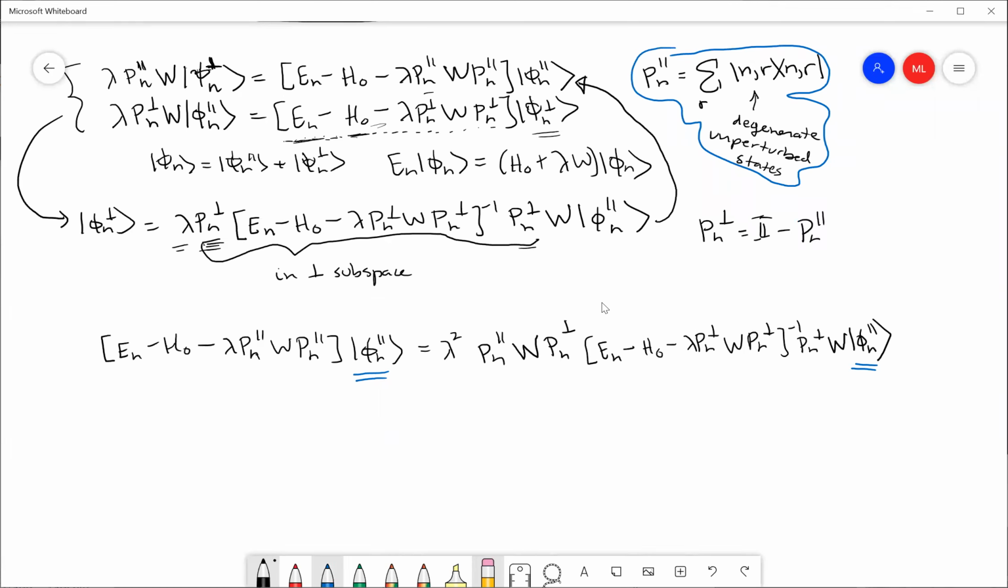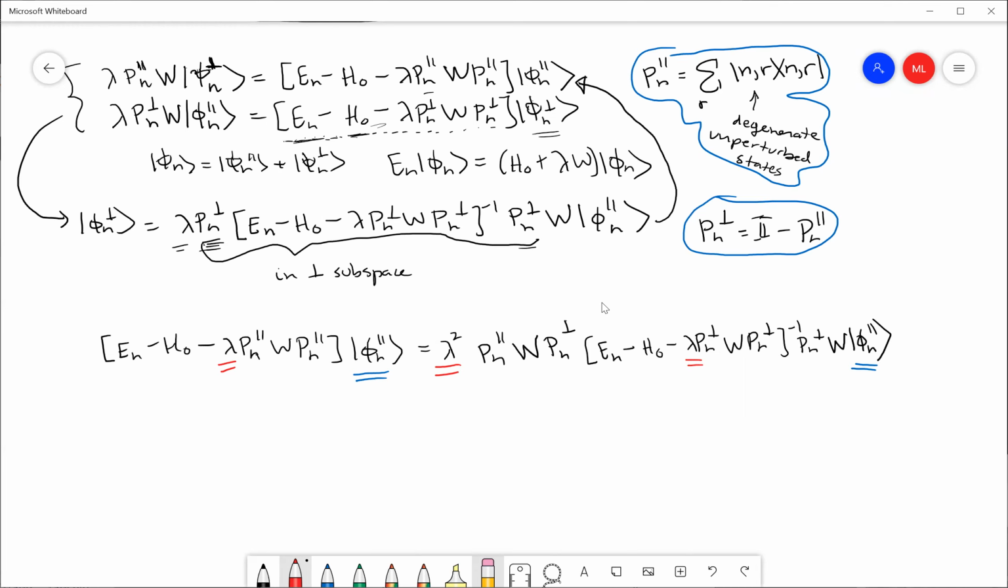So we can use completeness and stuff like that to write these things out as sums over projection operators. So it's all kind of sensible, even though the equation looks kind of ugly. But it's not so bad because we also have in here these lambdas. So remember, we're doing perturbation theory, so as usual, we would want to go order by order in lambda and see what we get, right?